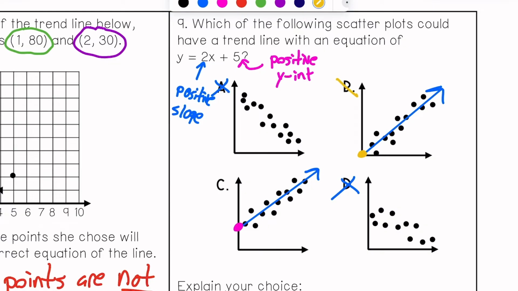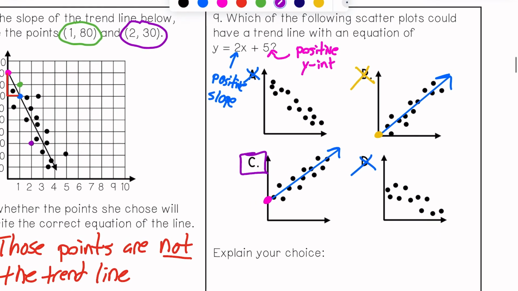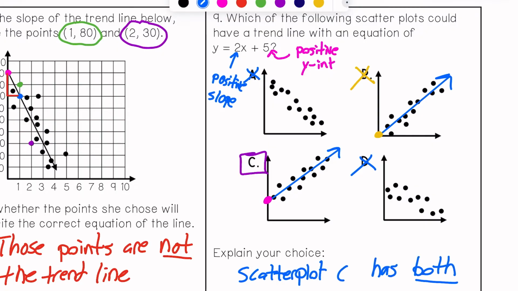Choice B is crossing at 0. So the only logical choice would be choice C. Make sure you explain your choice as well. So I said that scatterplot C has both, right? We needed both of these things, both a positive slope and a positive y-intercept.